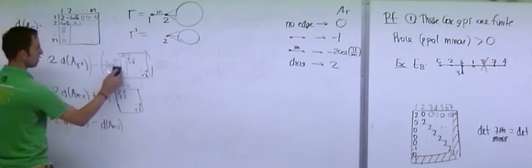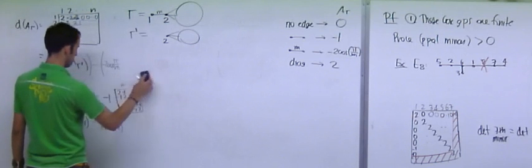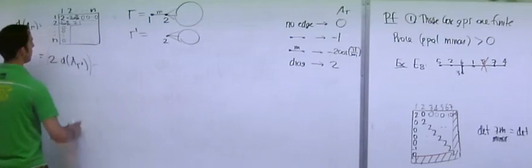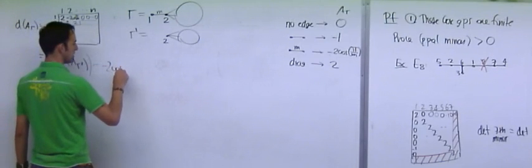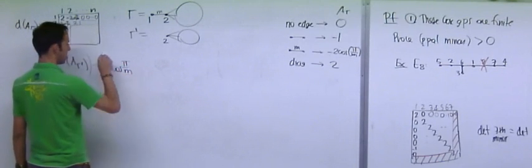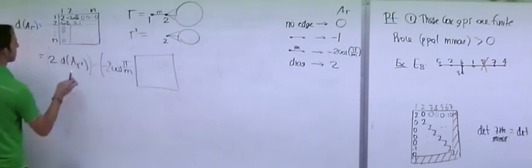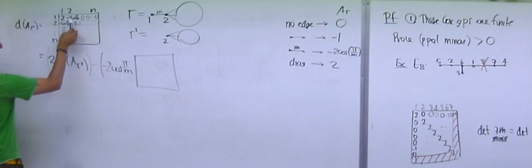Okay. Now what does this look like? Minus 2 cosine pi over m, and the determinant that I get is going to look like this. I lose this and I lose this.